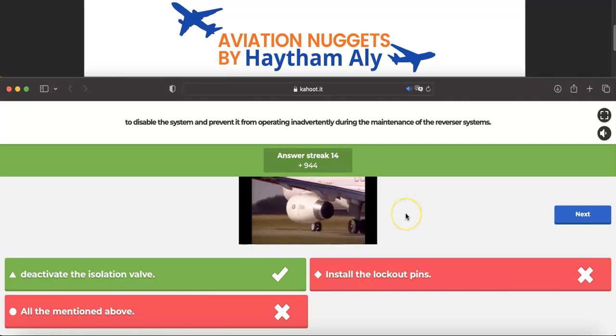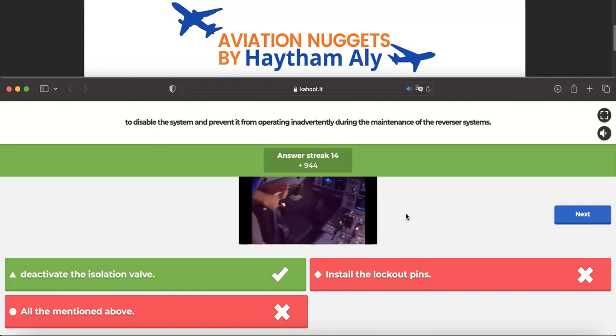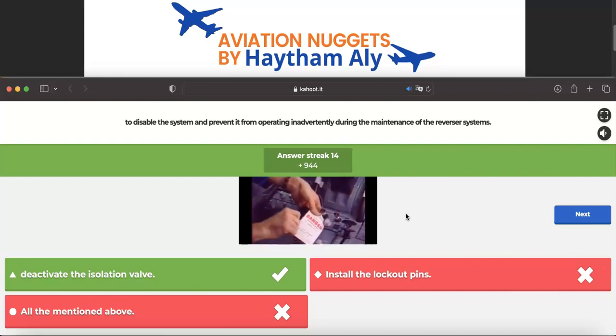So we can see now how the maintenance people will deactivate the thrust reverser system for maintenance by closing the isolation valve, or hydraulically deactivating the thrust reverser.